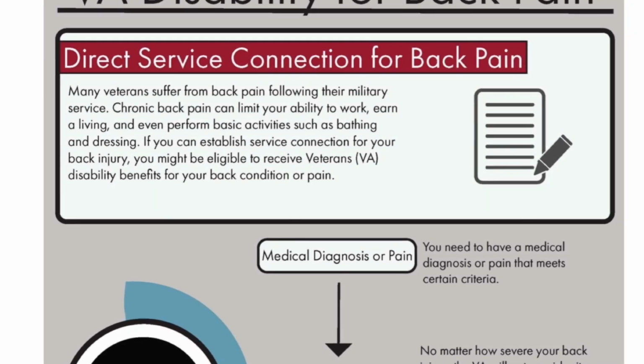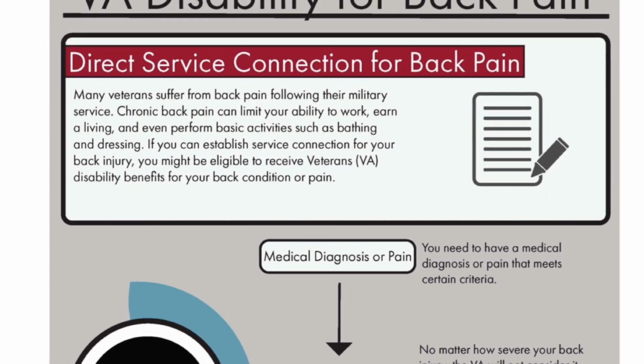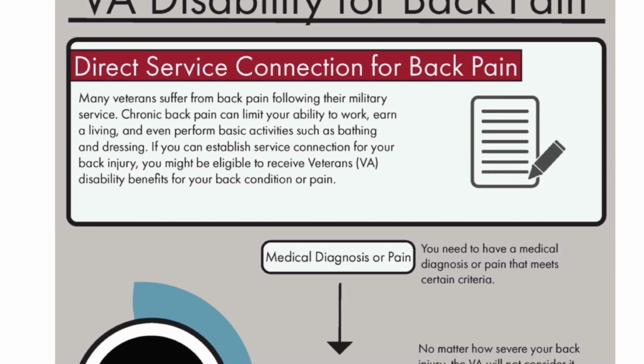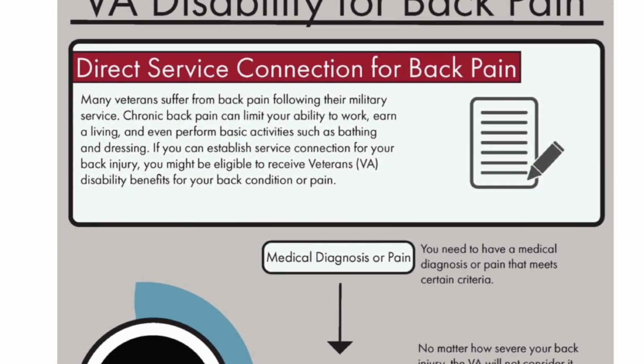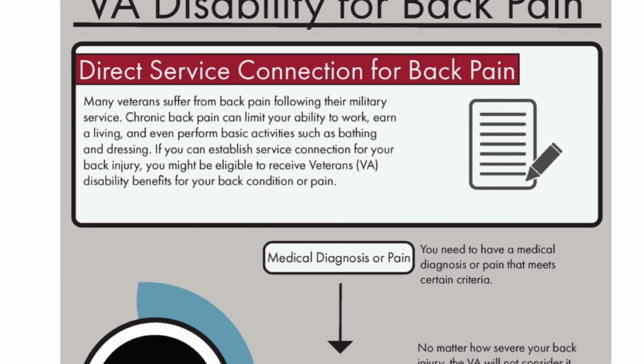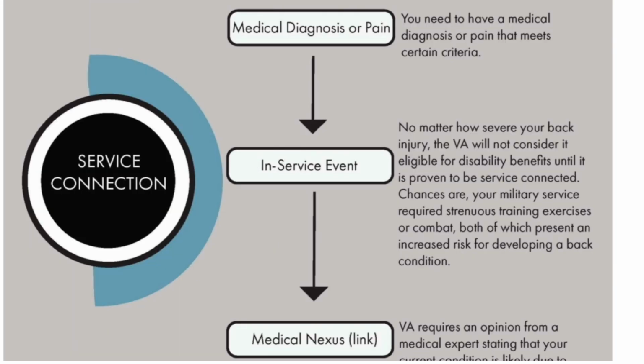That is going to be your new friend. And I would also have a companion friend, which is the M21-1 Adjudication Manual, which is what the VA raters go by. Also, I would get your claims file so you can see what's in your actual file. You need to know what you're up against and the law to make all this stuff work. So you need a medical diagnosis or pain, you need an in-service event, and then you need a link.